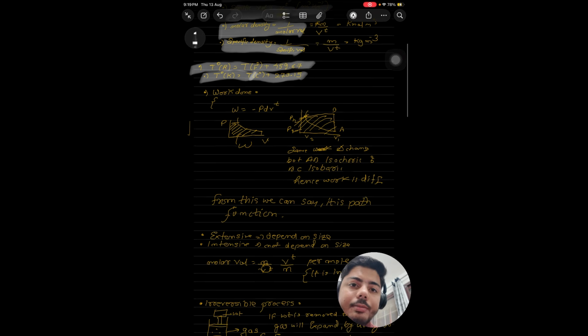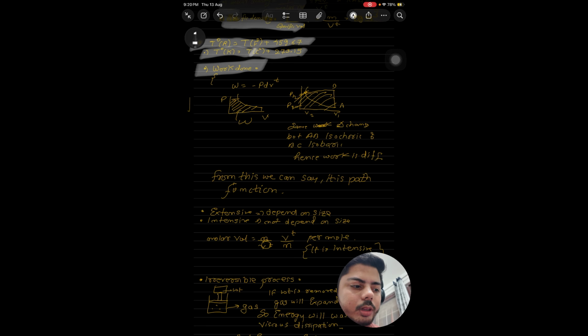Again, let us dive into another topic of thermodynamics, that is work. What is work? We understand from the basic formula that work is the force acting throughout the displacement. We would say work is equal to force into ds, a small amount of displacement. In thermodynamics, the same concept carries over, but in different terms.